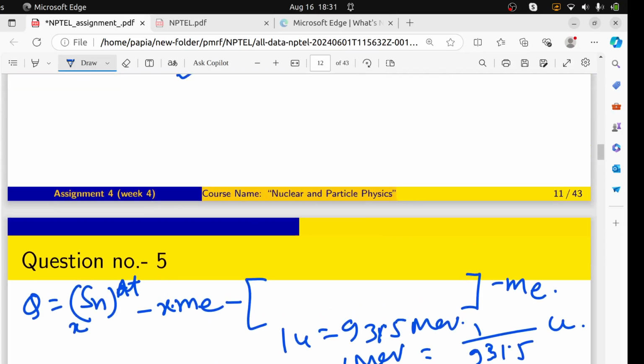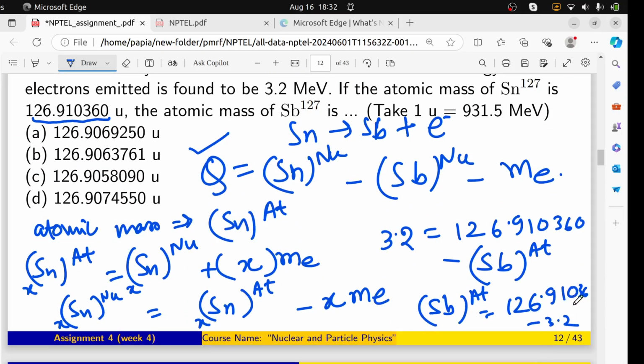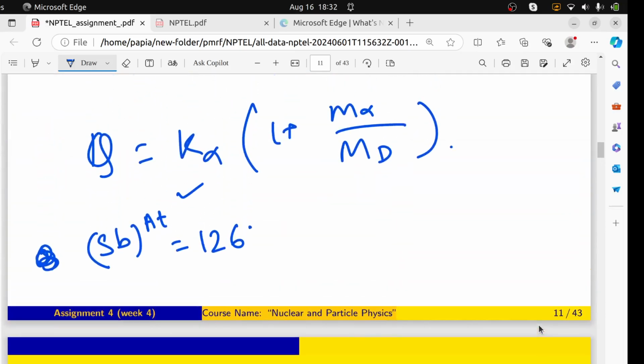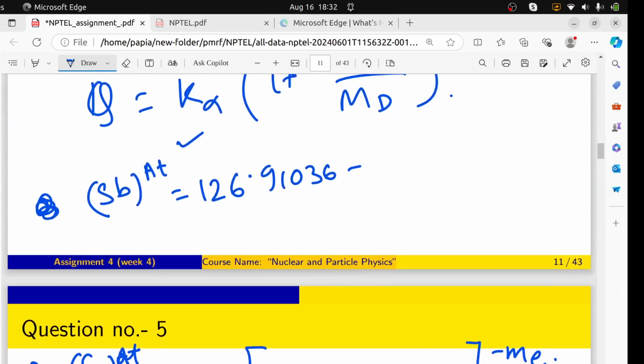So Sb atomic will be 126.91036 minus 3.2 divided by 931.5, and that will be whole in U unit.